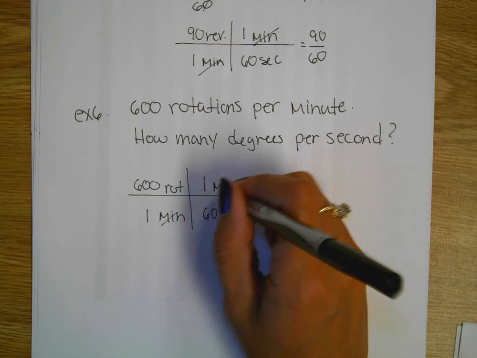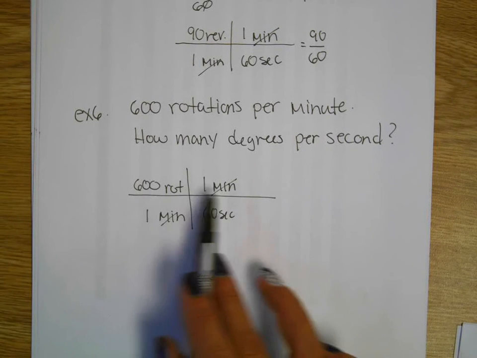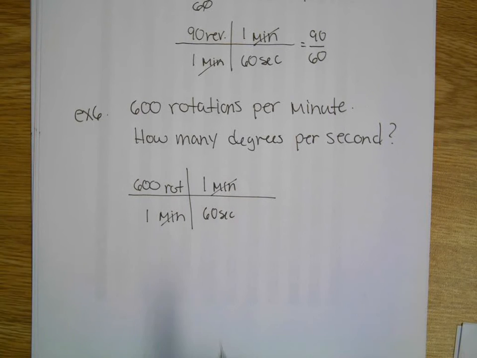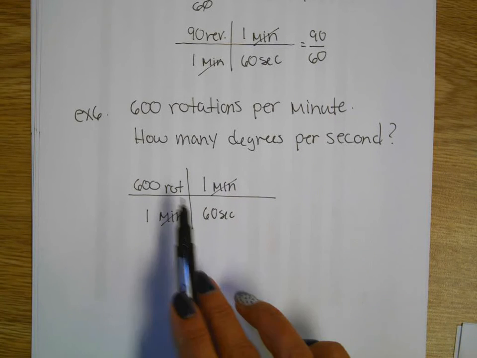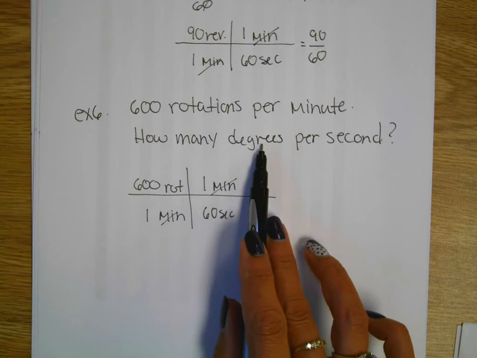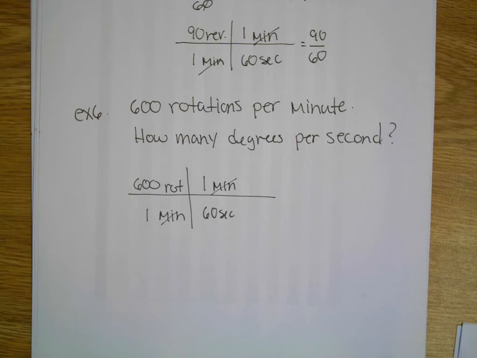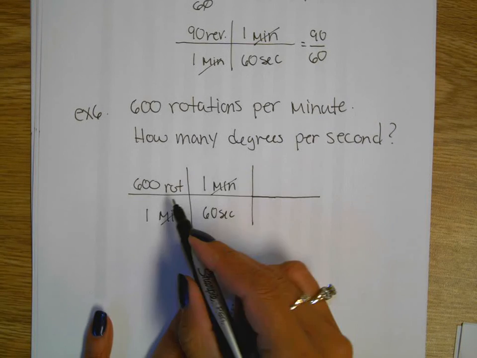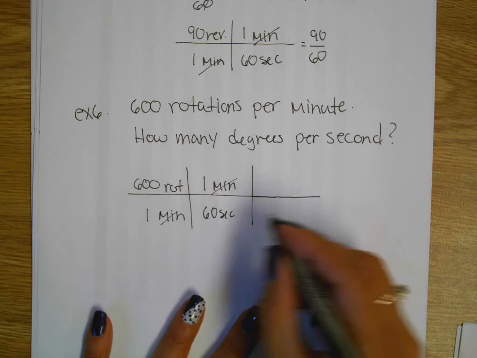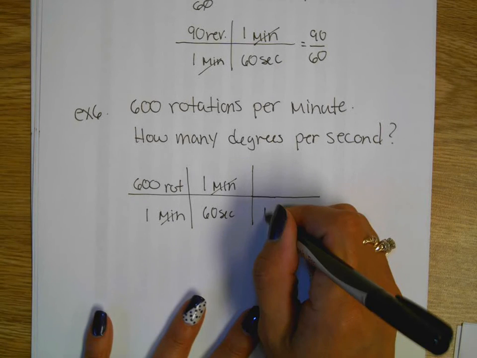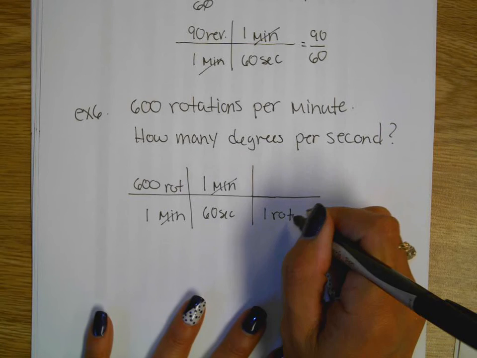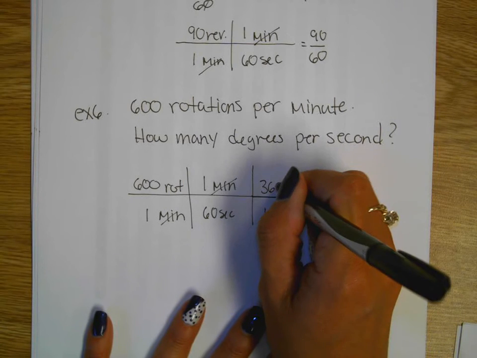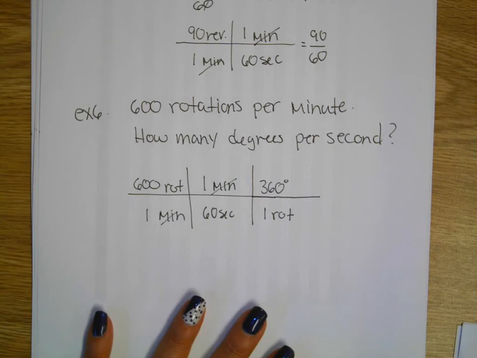Okay, so minutes cancel. So right now I would be at rotations per second. Well, now I want to get rid of rotations and end with degrees. Well, think about a rotation. How many degrees? 360. So my next part of my T-box is one rotation, and I want rotation to cancel, so it goes down here, is 360 degrees.